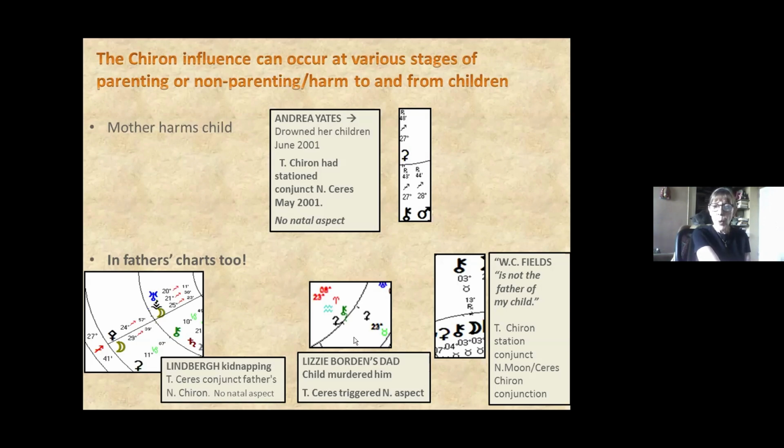When Lizzie Borden killed her father, he had natal Ceres Chiron. This is the father's chart. He was killed by his daughter. So when she killed her father, he had transiting Ceres triggering his Ceres Chiron.